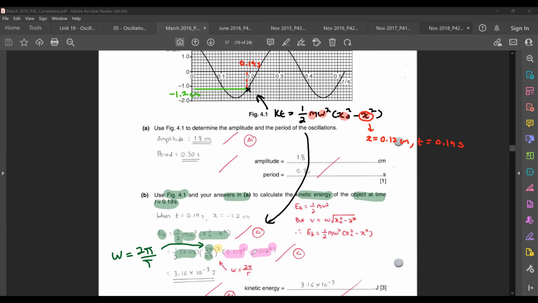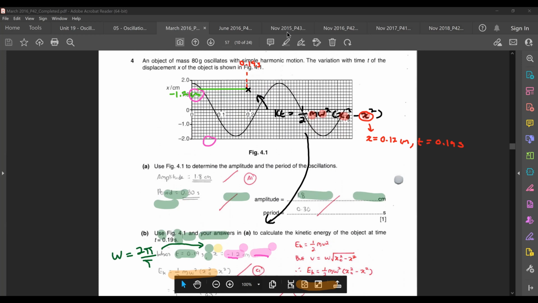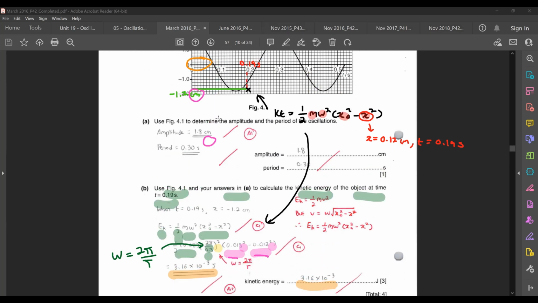And also change it to meter, because all your values are here in centimeter. So it becomes 0.018, 0.012. Once everything is done, you should get your final answer of 3.16 times 10 power minus 3 joules. Okay. Your mass is given here, 80 grams. All right.